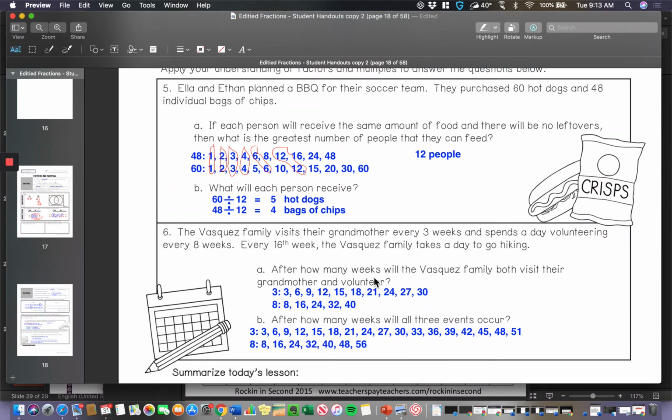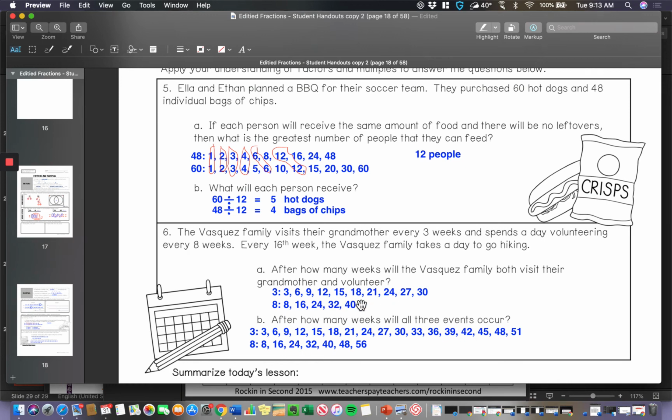So what are they asking? How many weeks will the Vasquez family both visit their grandmother and volunteer? Well, if I want to find out that number, what I want to find out is what numbers they have in common.